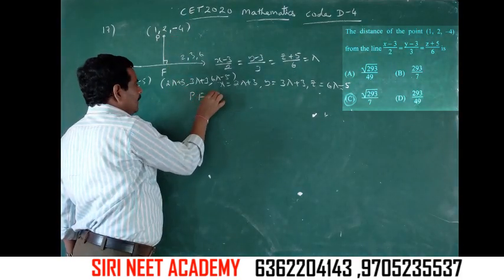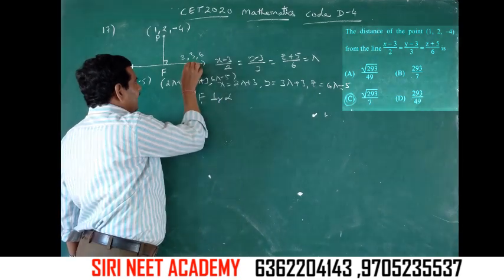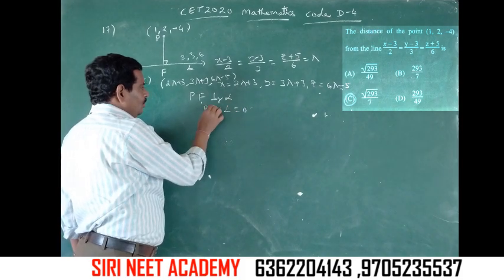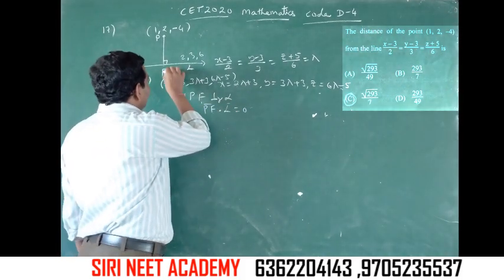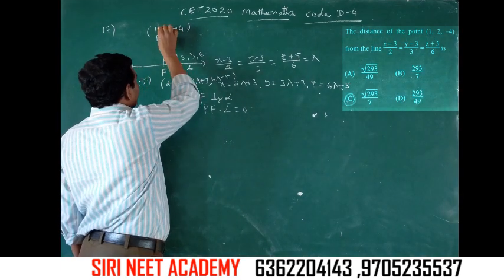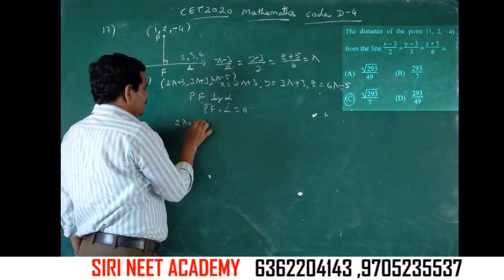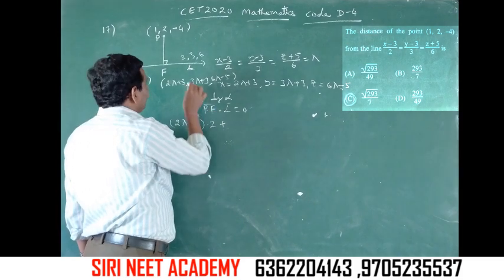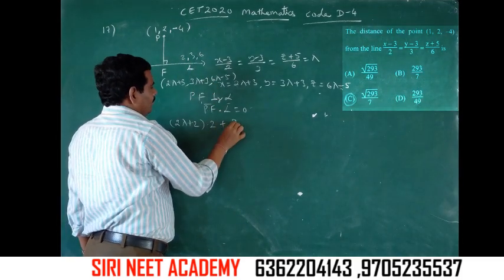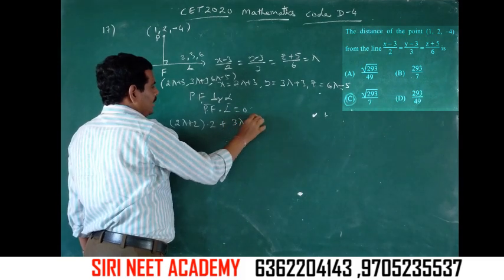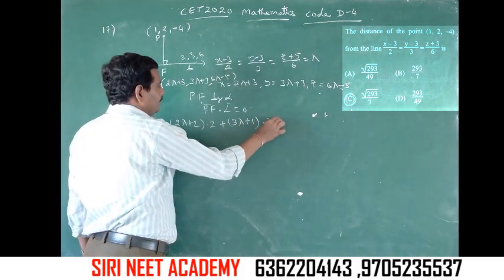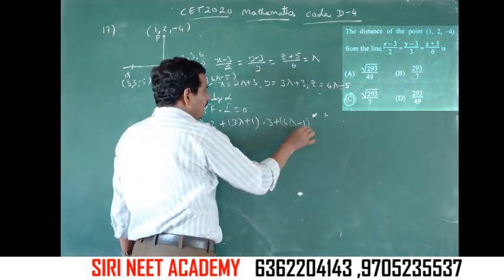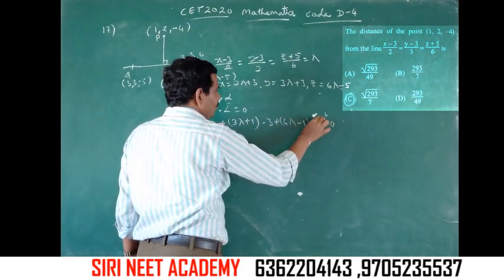PF is perpendicular to the line L. So PF dot L is equal to 0. So the DRs of PF: 2 lambda plus 3 minus 1, 2 lambda plus 2, into 2, plus 3 lambda plus 3 minus 2, 3 lambda plus 1, into 3, plus 6 lambda minus 5 plus 4, 6 lambda minus 1, into 6 is equal to 0.